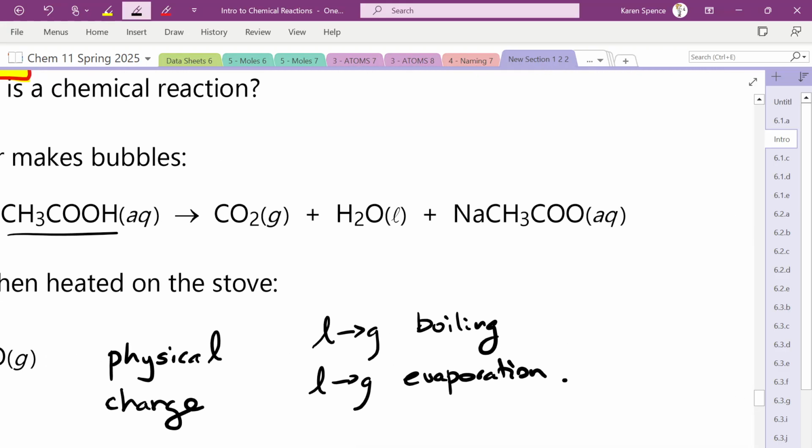I got carbon dioxide, I got water, and I got NaCH3COO, sodium acetate. What part of that would be useful to me in trying to dislodge all the stuff in my drain?